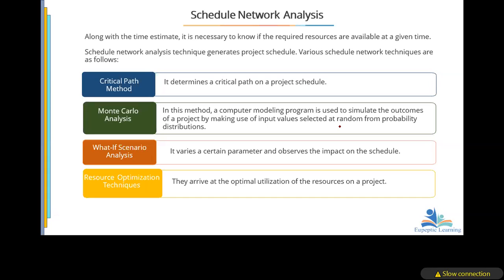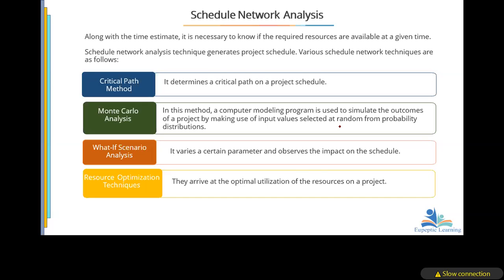Then we look at the what-if scenario. So we are observing what will happen if this happens. You see that this one is not quantitative in nature; it's more qualitative. So what happens if the government decides to say this? How will it impact us?